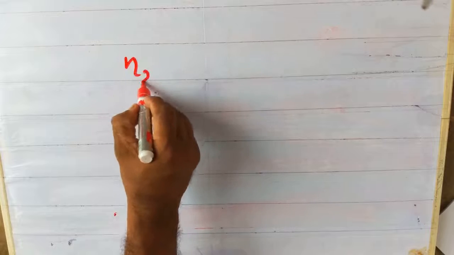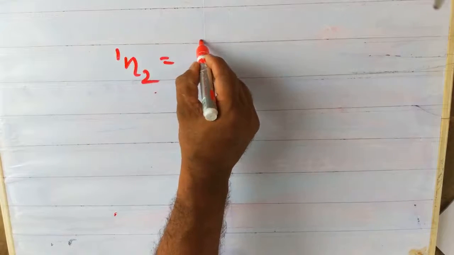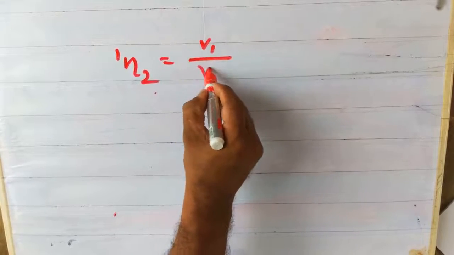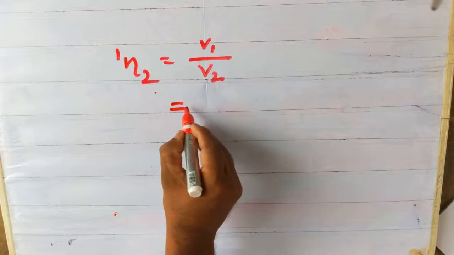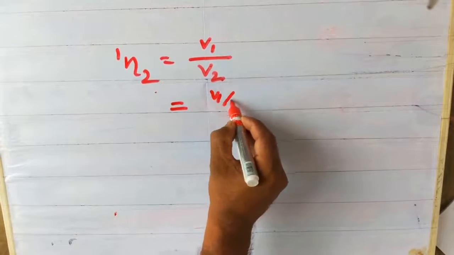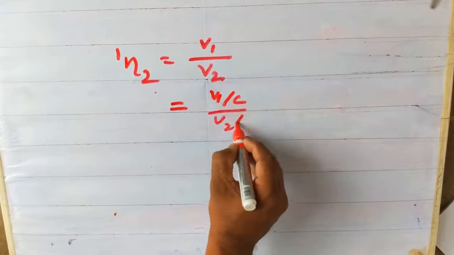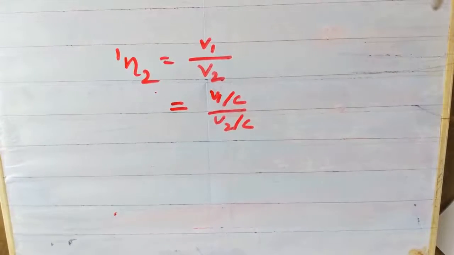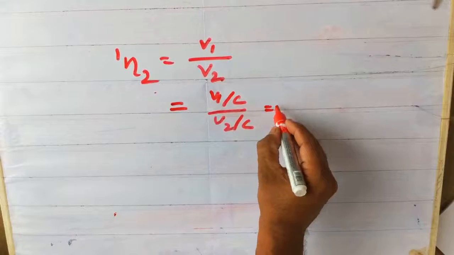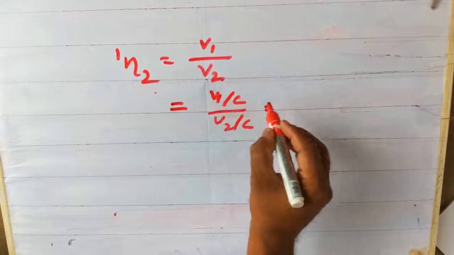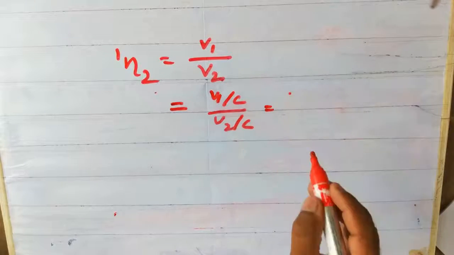The refractive index of medium 2 with respect to 1 is the velocity in the first medium v1 by the velocity in the second medium v2. Agree? Can I divide both this and this by C? Is there any mistake? No. Then this one becomes C by v1, which is the refractive index of the first medium.